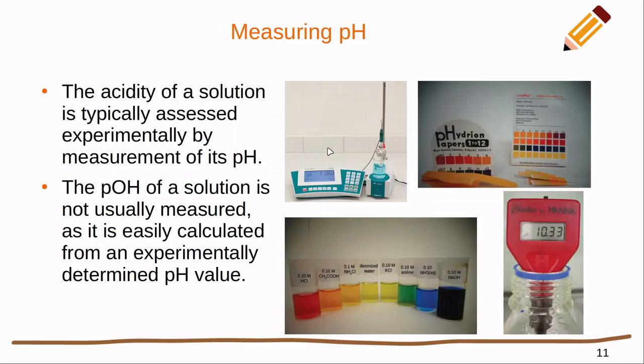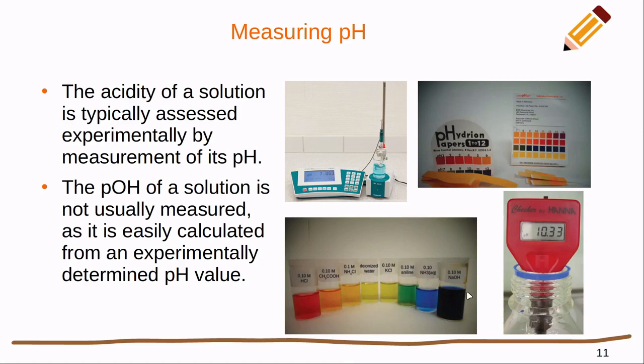So let's talk a little bit about measuring pH. There's a couple of different ways that you can go about doing this. As we alluded to earlier, there are different chemicals that will change color depending on the pH, how much acid we've added. So you can add these chemicals in and then get these different colors out, and then match those to a scale of some sort, and that'll give you a rough estimate of the pH.